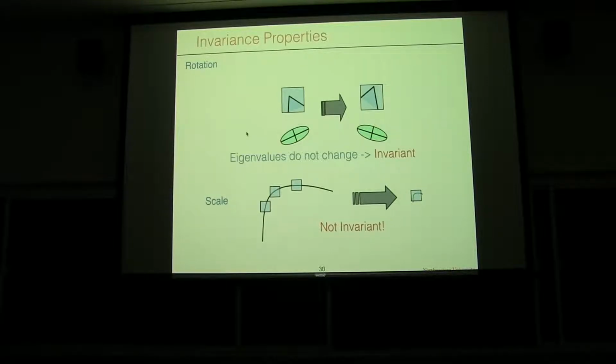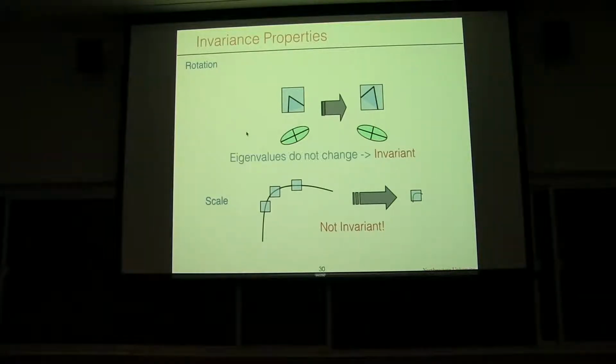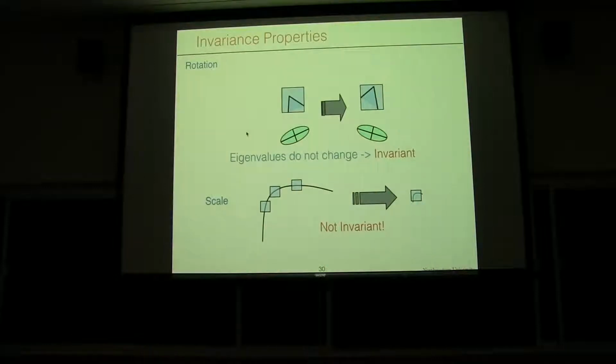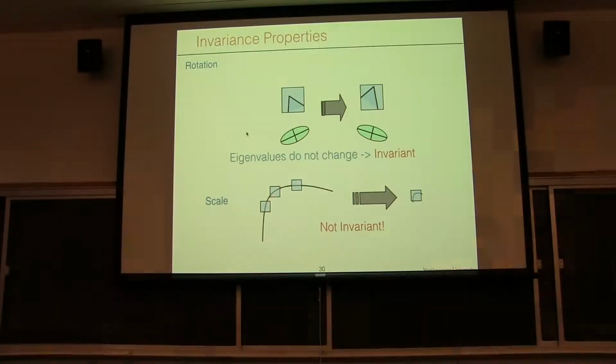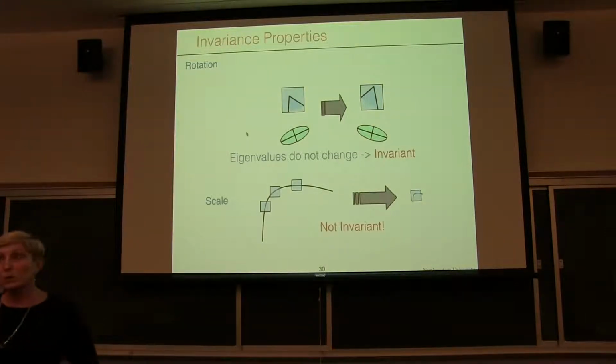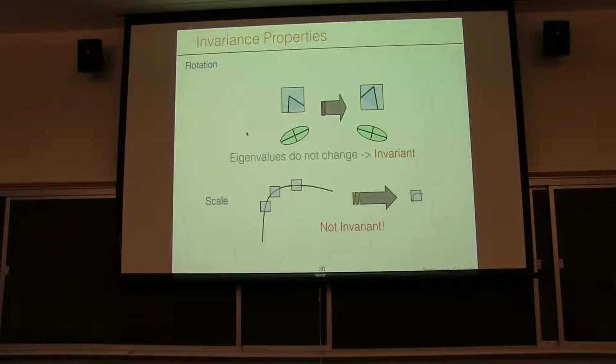Now, let's talk about invariance. We saw when we started talking about this corner algorithm that I started with a corner that was along the pixel boundaries of the image, and then we rotated, and we saw that we could handle that just by looking at the eigenvalues.